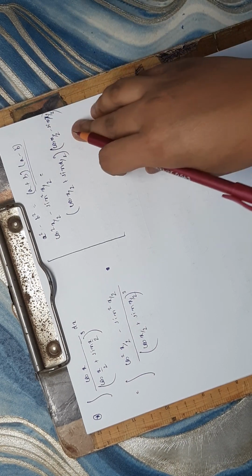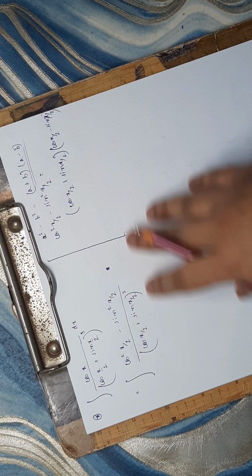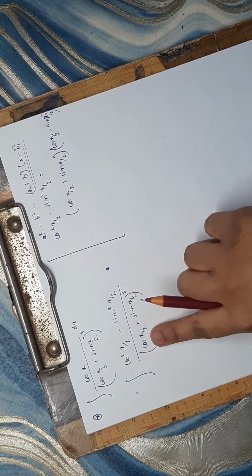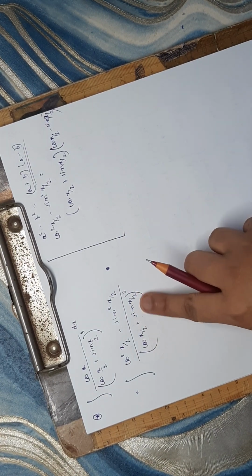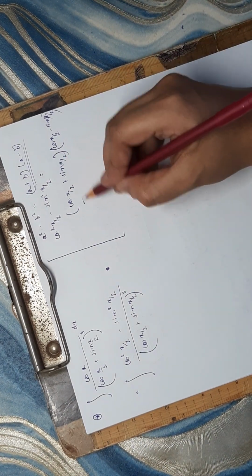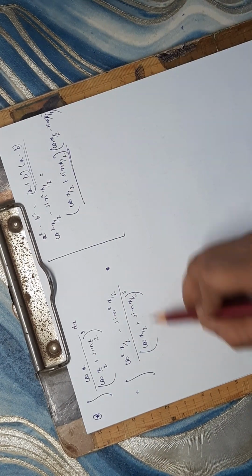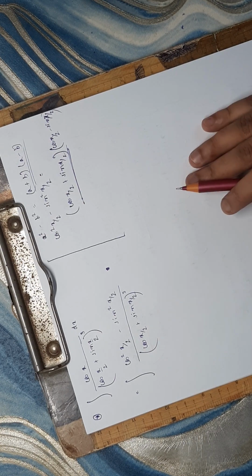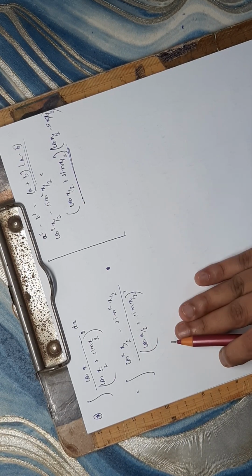If we have it like this, then you can see that in the denominator we have cos x/2 plus sin x/2 whole cube. So one cos x/2 plus sin x/2 in the numerator and one cos x/2 plus sin x/2 in the denominator gets cancelled.